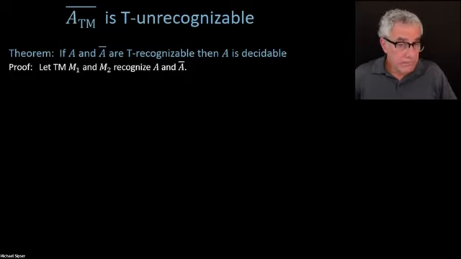So if I run M1 and M2 on W until one of them halts, one of them accepts, I know I'm not going to run forever because eventually one or the other has to accept. And then I've got my answer. Because if M1 accepts, then I know I'm in the language. But if M2 accepts, I know I'm in the complement of the language, so I'm out of the language. So if M1 accepts, then T should accept. If M2 accepts, then T should reject.